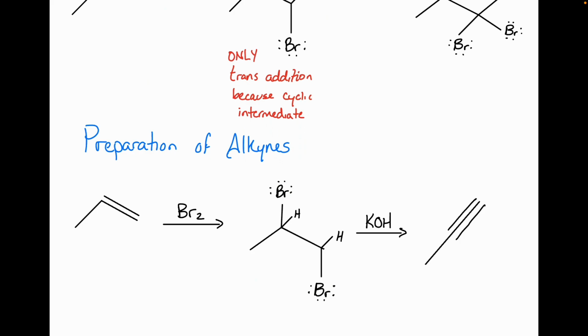Take an alkene, so we're preparing alkynes starting with an alkene, then performing a halogenation followed by a strong base, and that gets us to our alkyne.